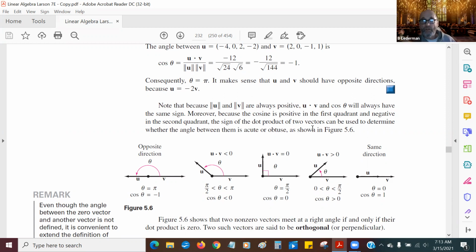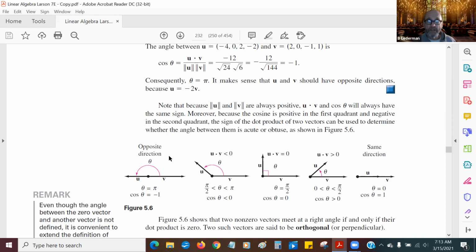And we know that cosine is positive in the first quadrant and negative in the second quadrant, which means that if the dot product is positive, the angle is in the first quadrant. If the dot product is negative, the angle has got to be in the second quadrant. Remember, we're only restricting the angles to be between 0 and 180, so the only choices we have are quadrant 1 and quadrant 2.